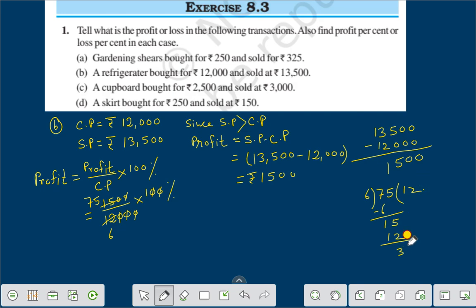Point 0, 6 5 is 30. That is, we are getting 12.5%. Therefore, profit is equal to 12.5%. That is the answer.